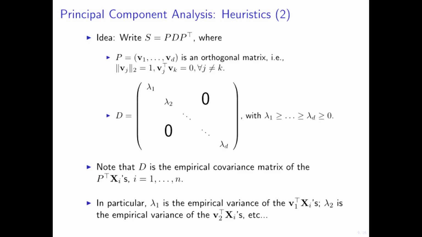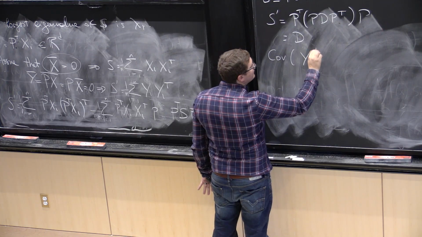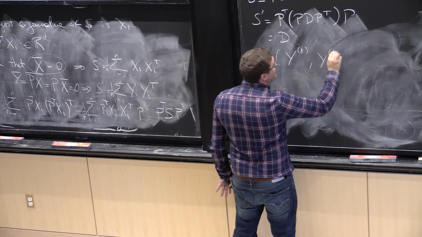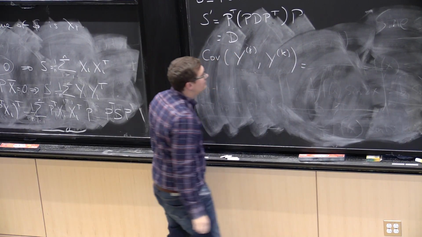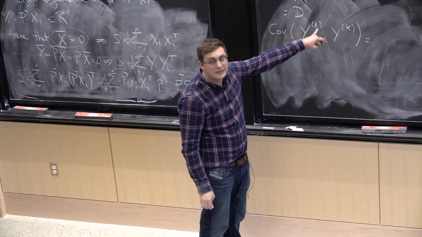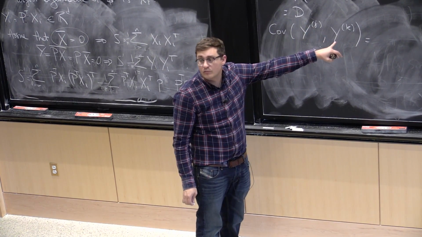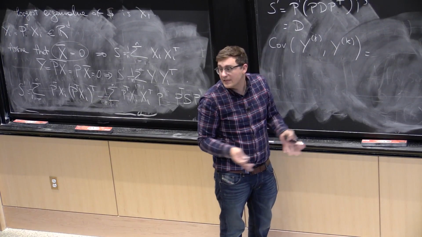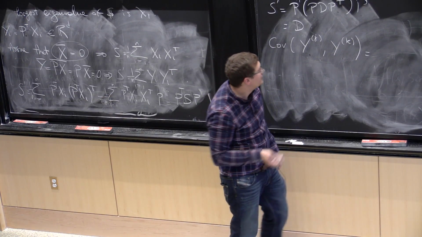So now we have that D is the empirical covariance matrix of those guys, the yi's, which are P transpose xi's. In particular, if I look at the covariance of yj and yk, that's the covariance of the jth coordinate of y and the kth coordinate of y. I'm not putting an index, but any of them, they're IID. Then what is this covariance?